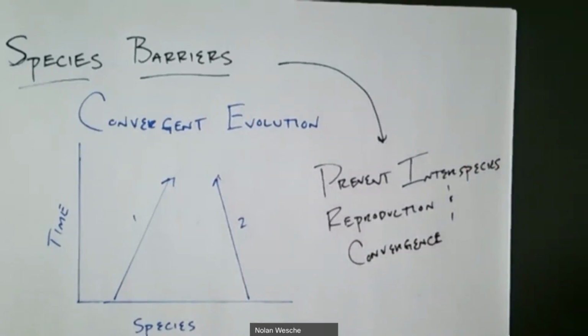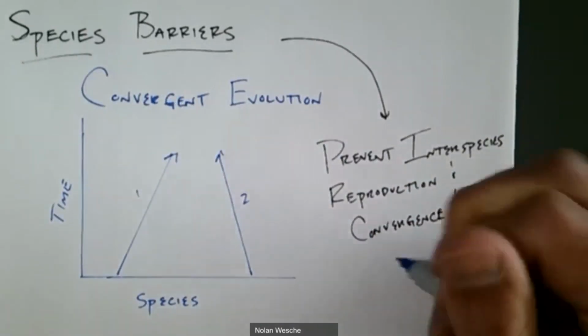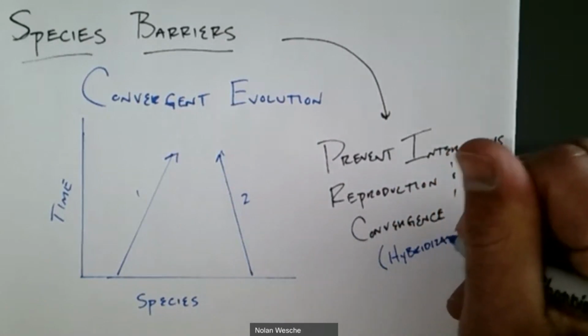So it's going to prevent this interspecies reproduction here and convergence. So it's almost like there's a wall between these two, right? And this is hybridization.